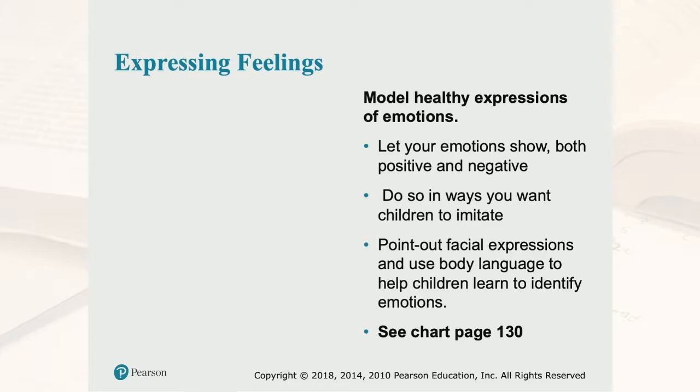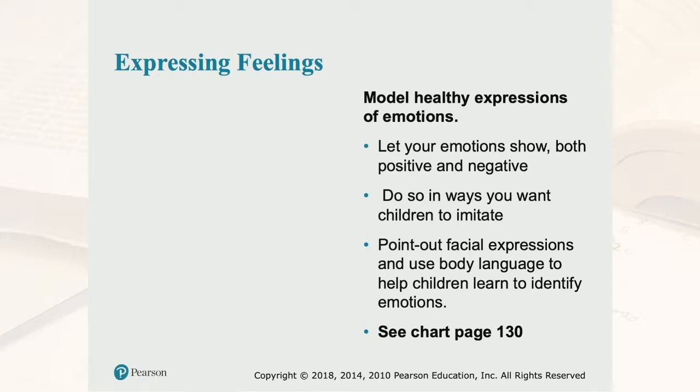And we do know children are imitating us as well, right? They're looking at us as positive role models. So just to be clear, when you're displaying your emotions, it really needs to be done in an appropriate way. And emotions are expressed in different ways. Emotions can be expressed with facial expressions, so be mindful of that, body language, and things like that.